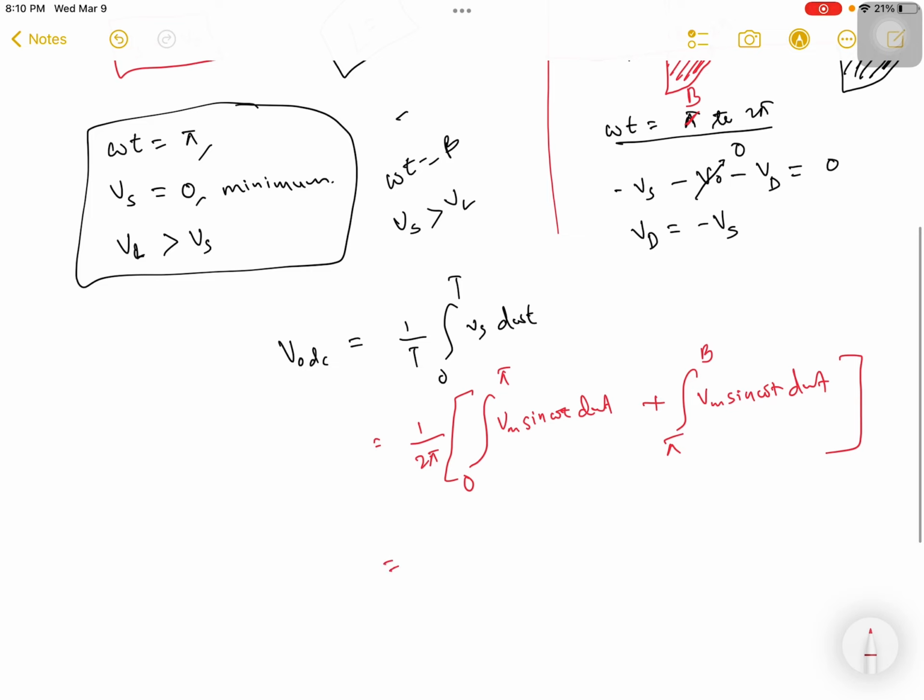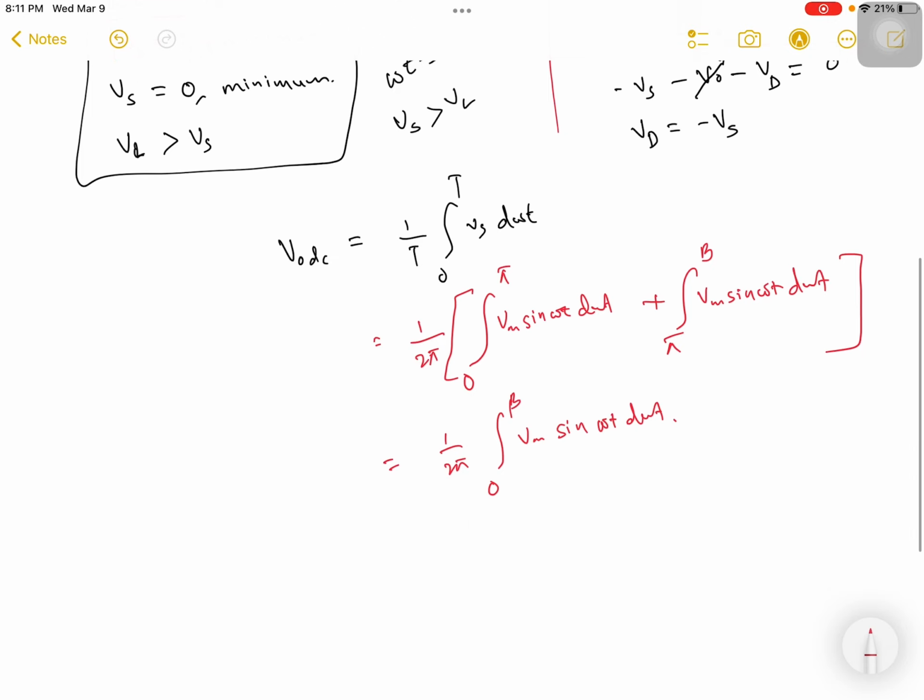Or you can also write 1 by 2 pi, integral from 0 to beta, Vm sin omega t d omega t. This will be our average output DC voltage.